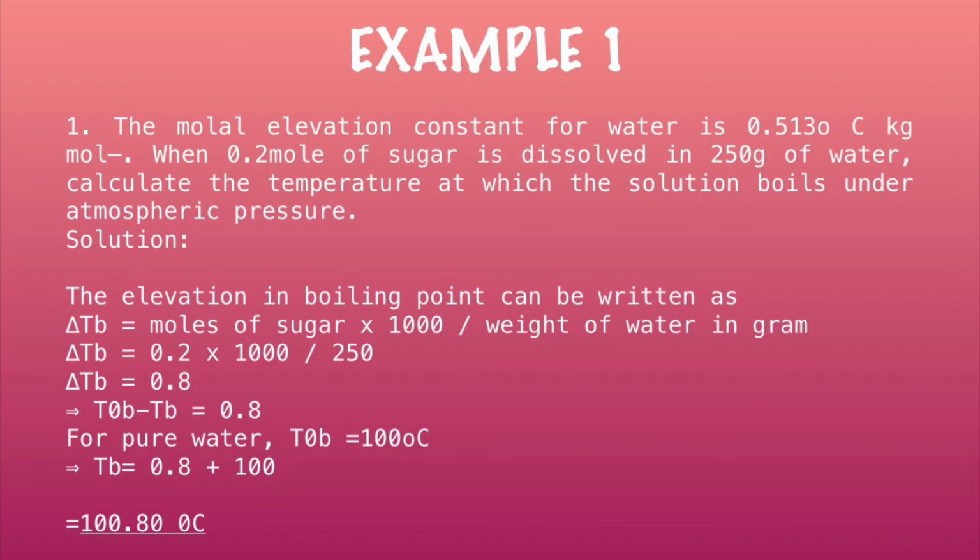For pure water, T0b equals 100 degrees centigrade, okay? So Tb equals 100.80 degrees centigrade.